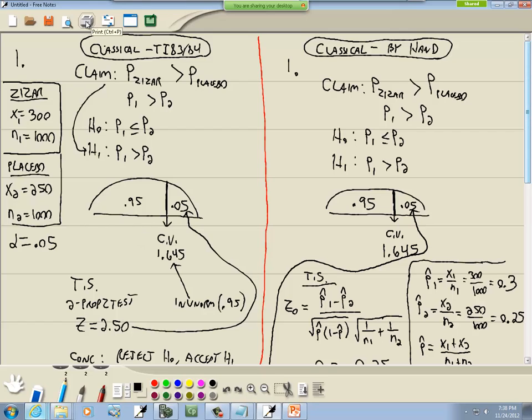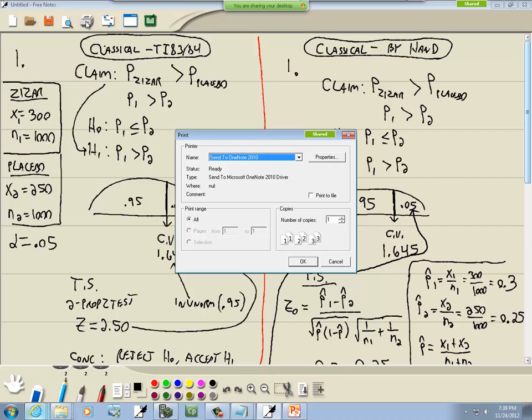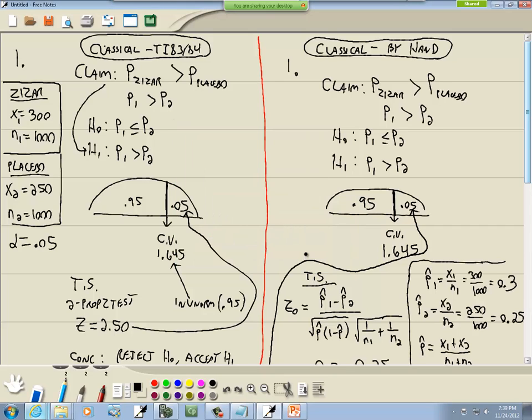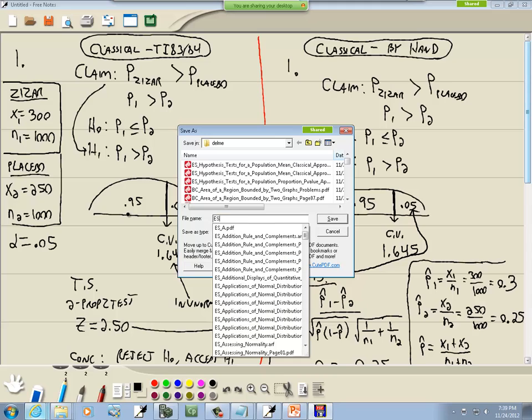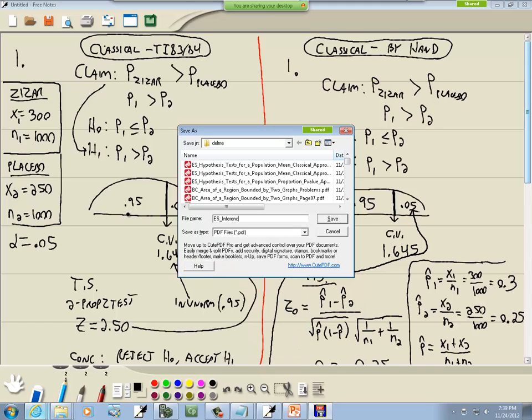And let me save this. And this is to population proportions 0, 1 df.